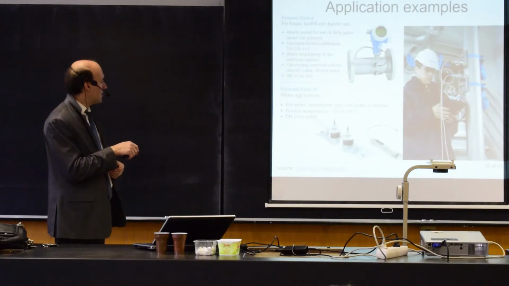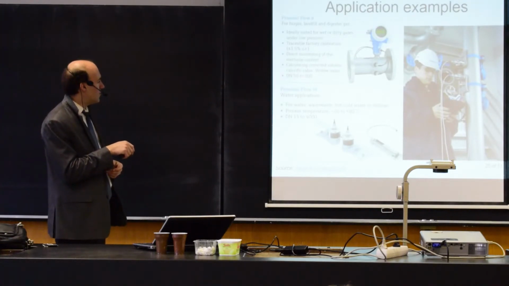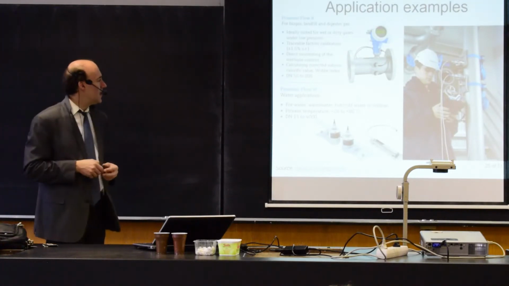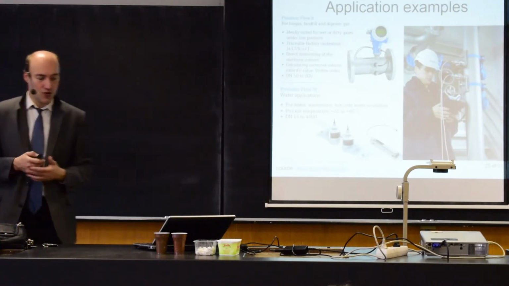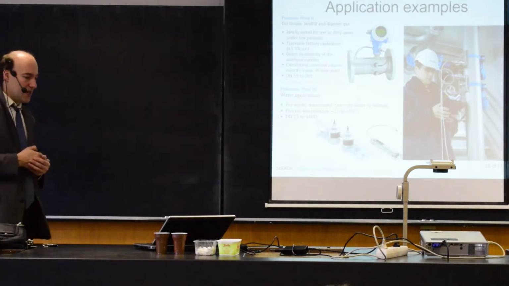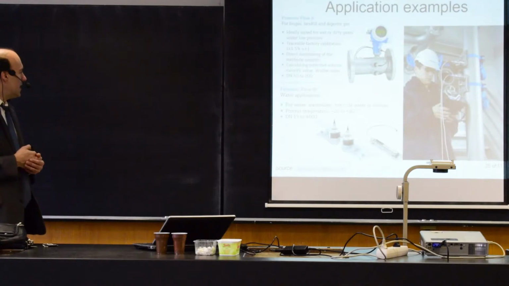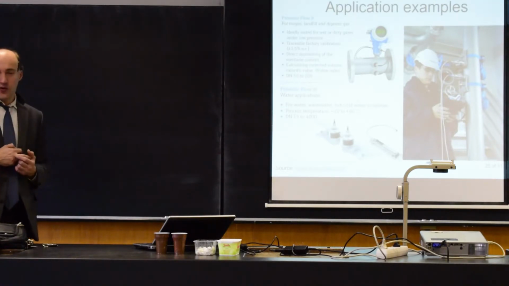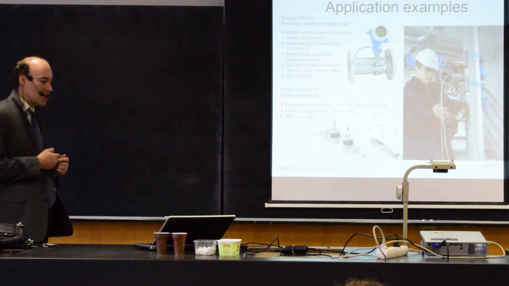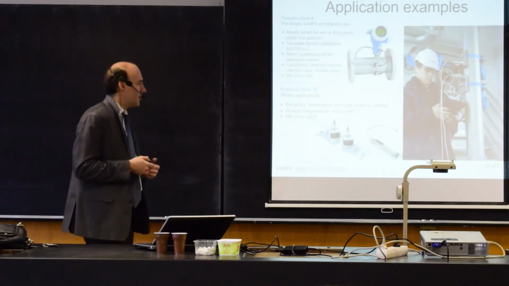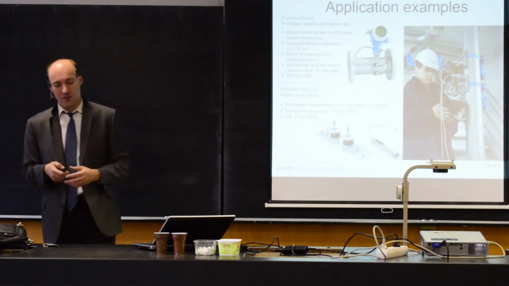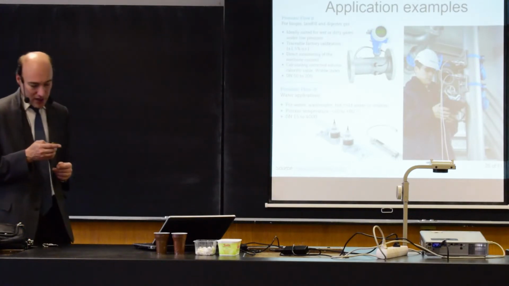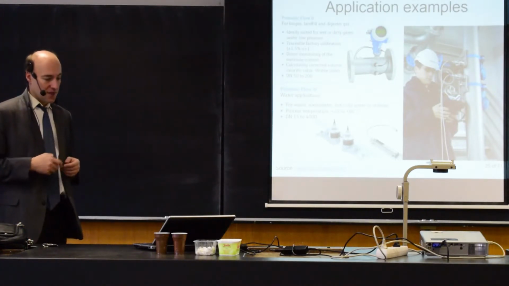The clamp-on system is typically for a smaller diameter, so for this particular sensor, you can find up to 200 millimeters. The calibration is made for 1.5% of range. But you can find different devices for larger pipe diameters, typically up to 2 meters.